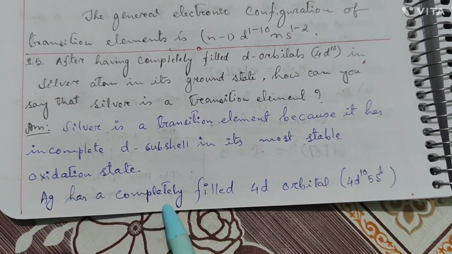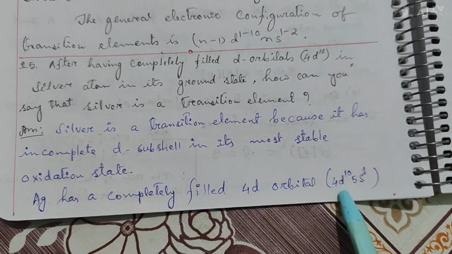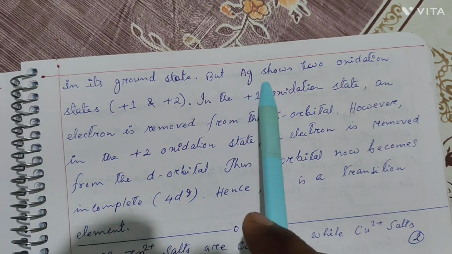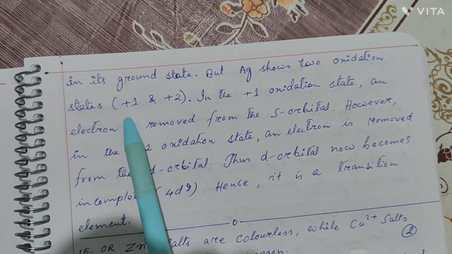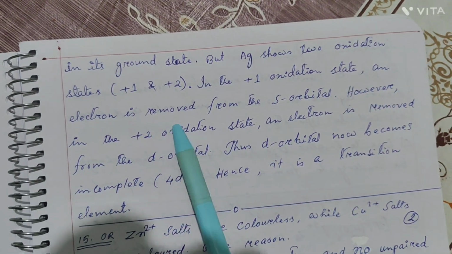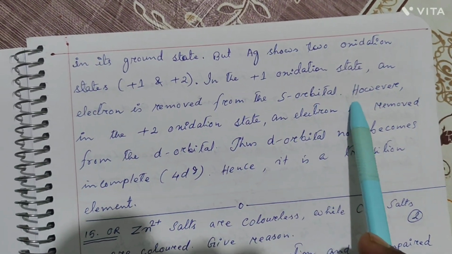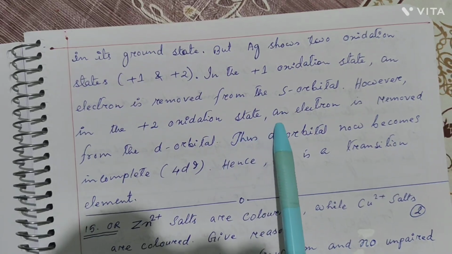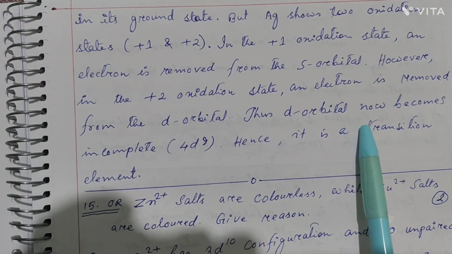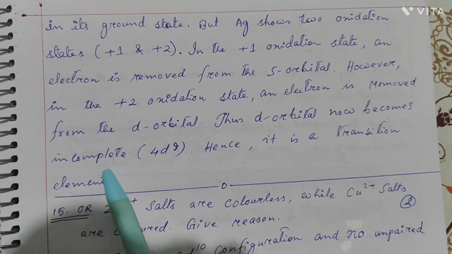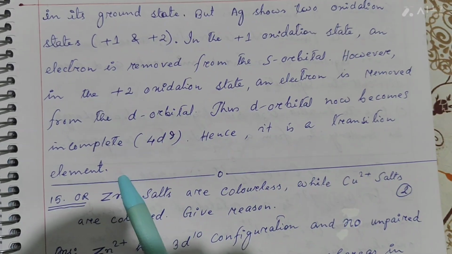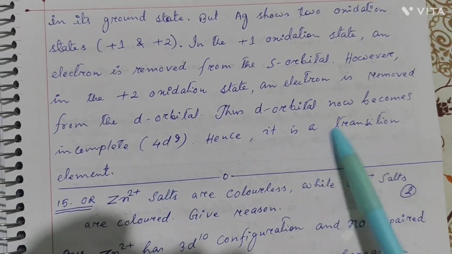Silver has a completely filled 4d orbital, 4d10 5s1, in its ground state, but it shows two oxidation states, +1 and +2. In the +1 oxidation state, an electron is removed from the s orbital. However, in the +2 oxidation state, the electron is removed from the d orbital. Thus, the d orbital now becomes incomplete, which is a 4d9 configuration. Hence, it is a transition element. This is the main reason.